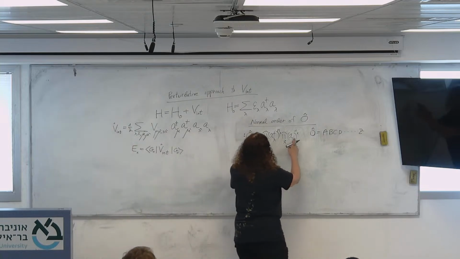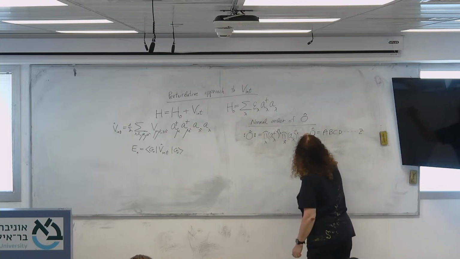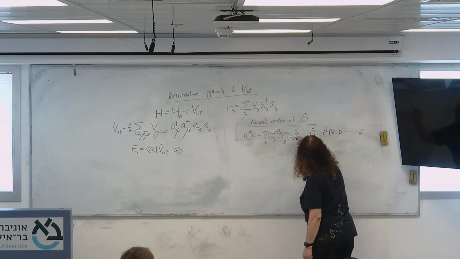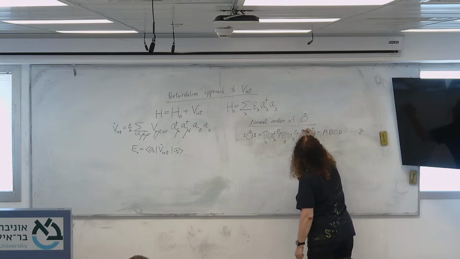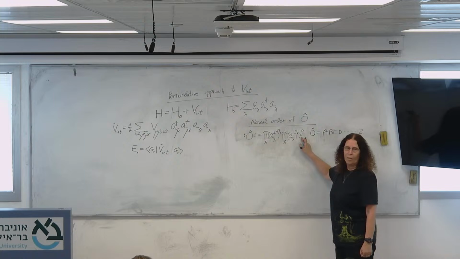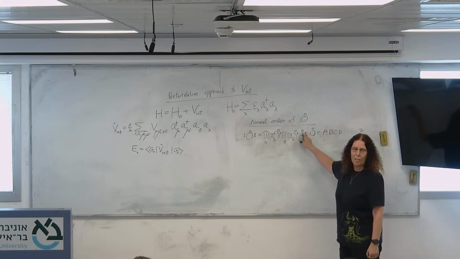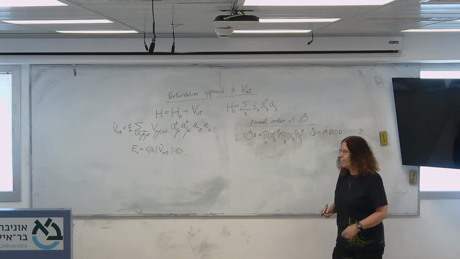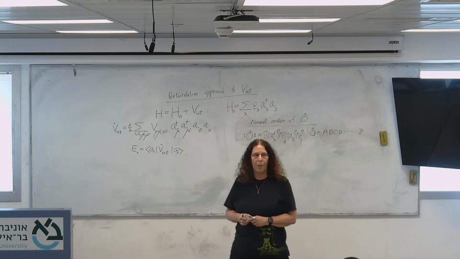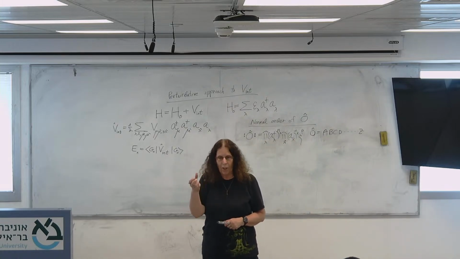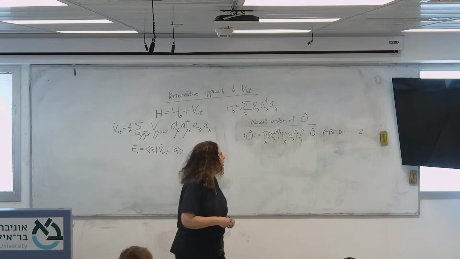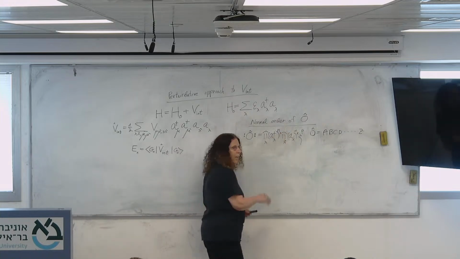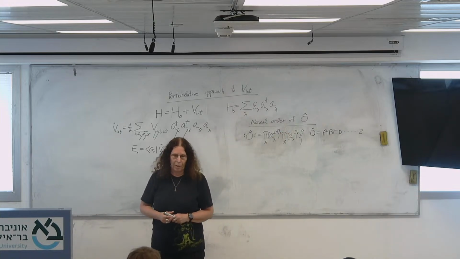And if you like, actually, there is usually some factor of zeta to the power p, where p is the parity of the permutation that we need to make in order to shuffle all the annihilation operators to the right.